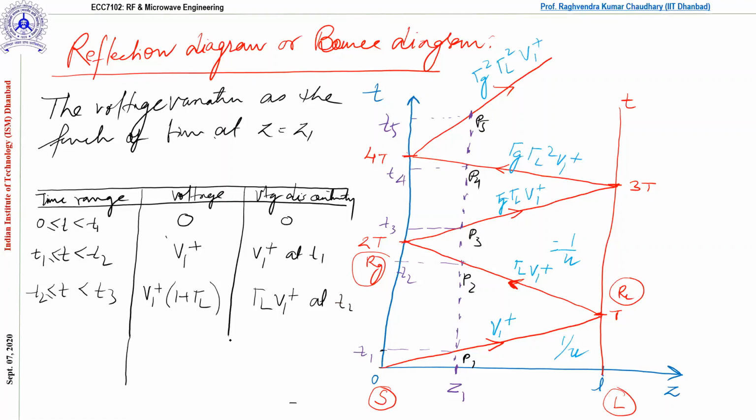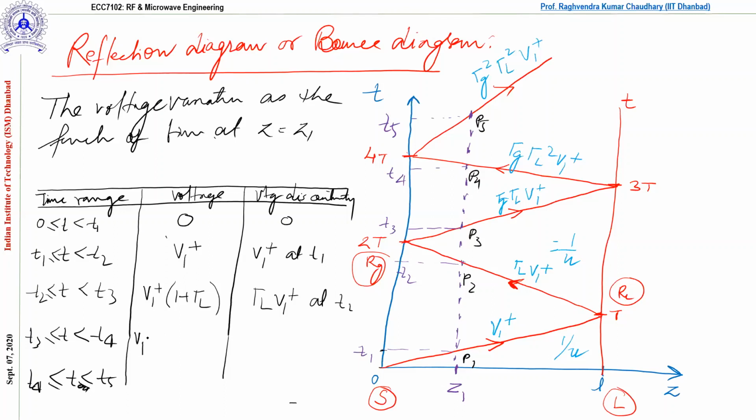Similarly, you can do for other time intervals as well: t3 less than t less than t4, and t4 less than or equal to t less than t5.